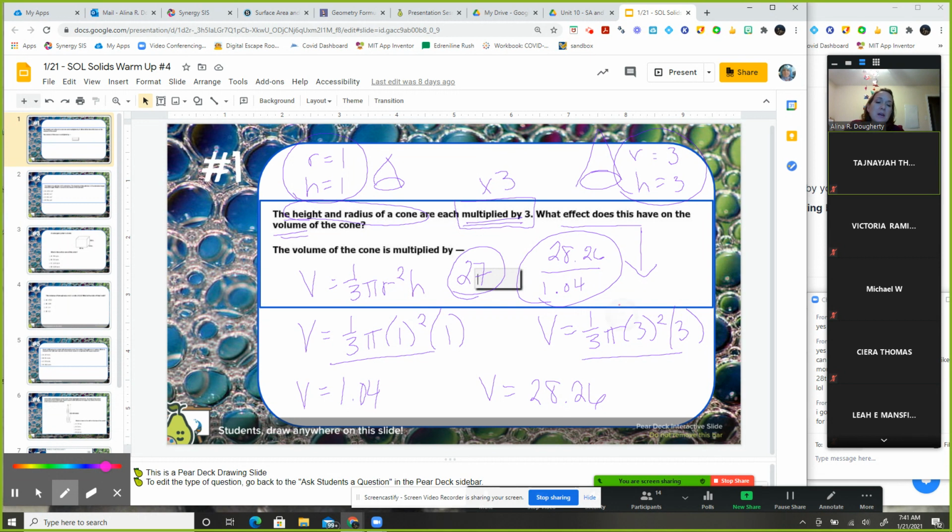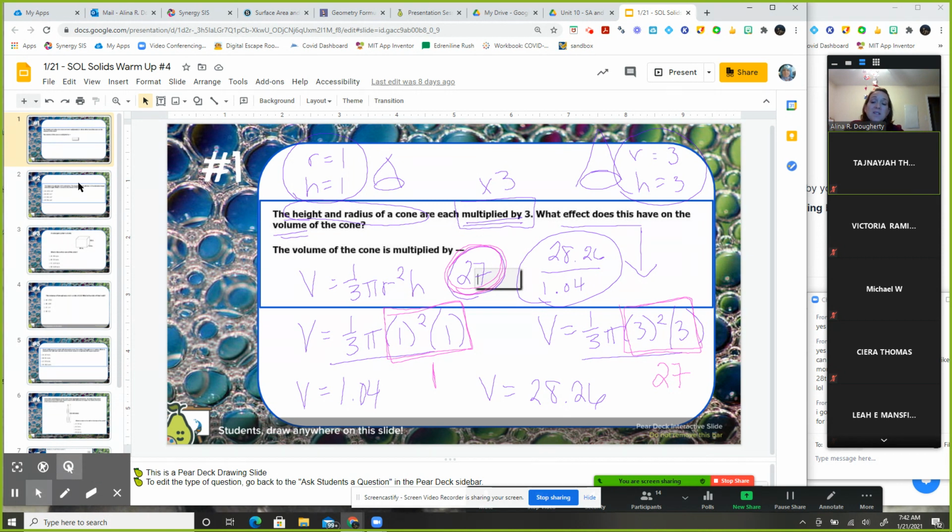And if you look over here, 3 squared times 3 is 27. If we just look at what's different in the equation, 1 squared times 1 is 1, and 3 squared times 3 is 27. So it's basically 27 times bigger.